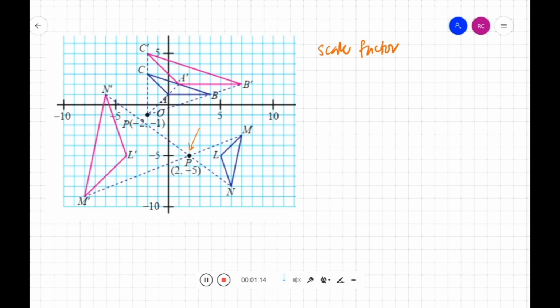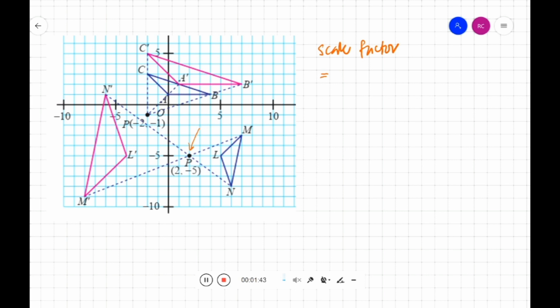Therefore, what you can do is you are going to get the distance from the center of the enlargement. So scale factor is the distance from the center of the enlargement to the image. We get the one to the image first, the one that we can find. Okay, so distance of which one from the center will be easier? This one, right? So that you can get a horizontal line. If this one is harder for you to get the answer unless you use ruler, but ruler will be tedious.